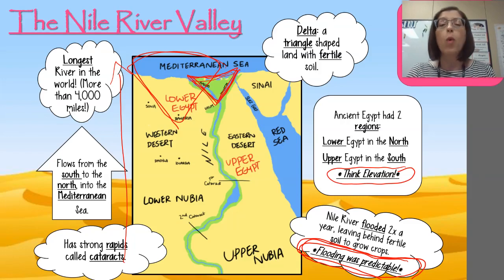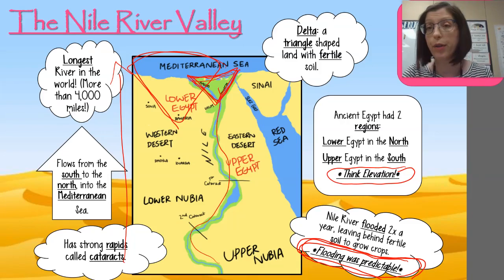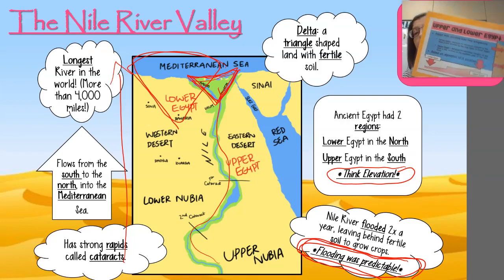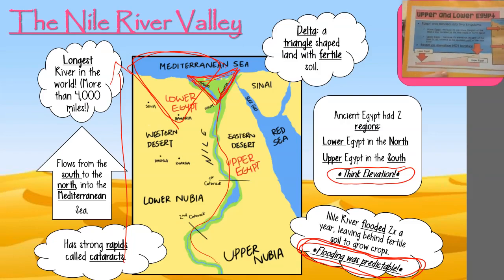What I want to talk to you about now is why the Nile River flows from the south to the north. It is because of the elevation. So I'm going to hold up this right here. Can you see this down here? This is Upper Egypt. This is Lower Egypt.